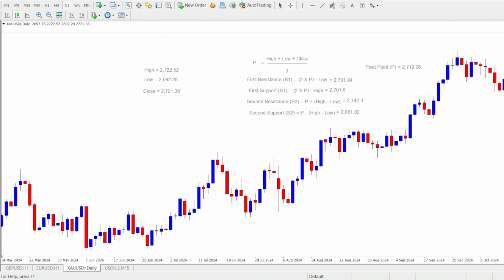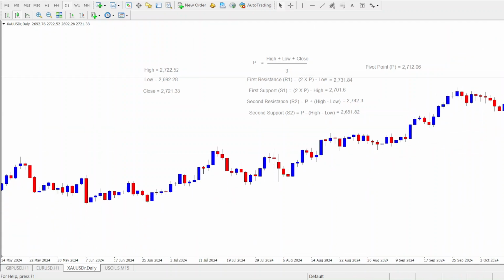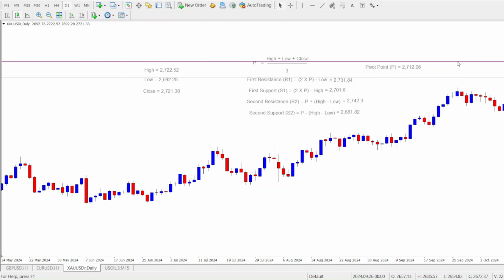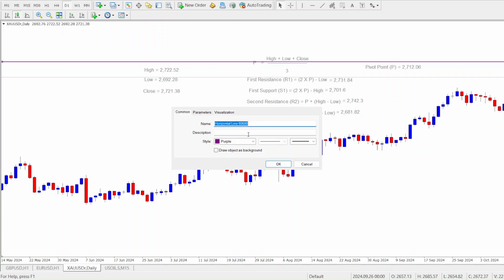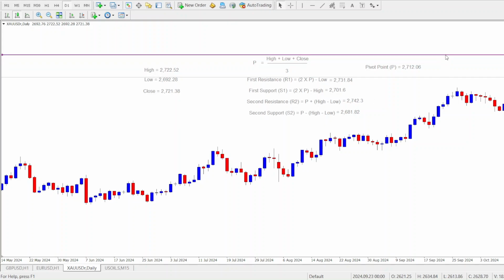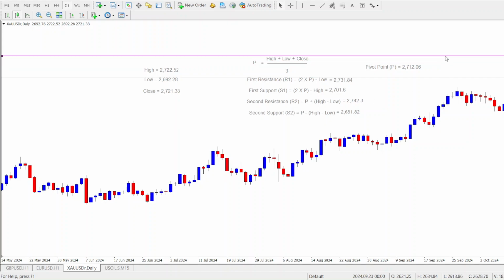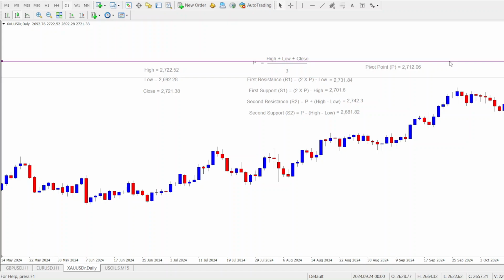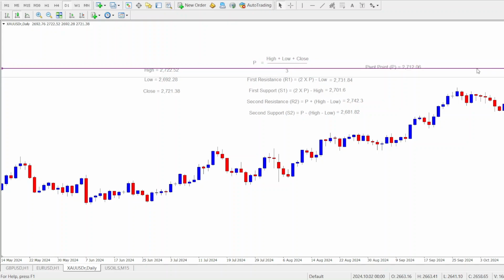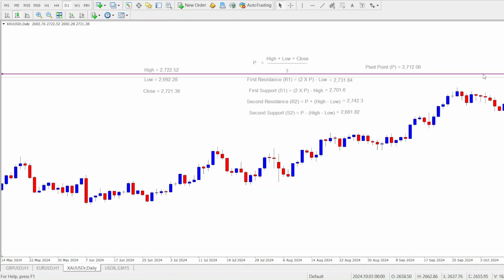Let's just add that to our chart, shall we? Let's add the levels. It might not be exactly the same figure, but at least it should be very close. 2731, let's just go to 2731.